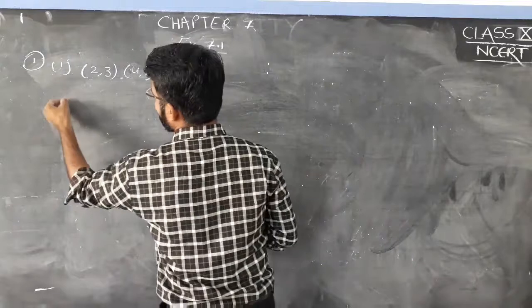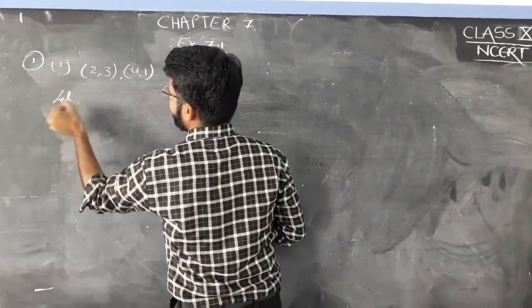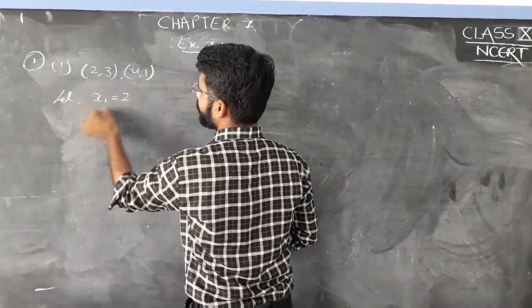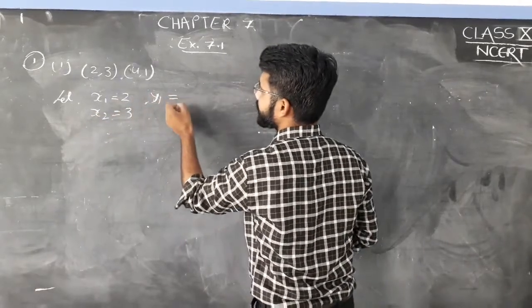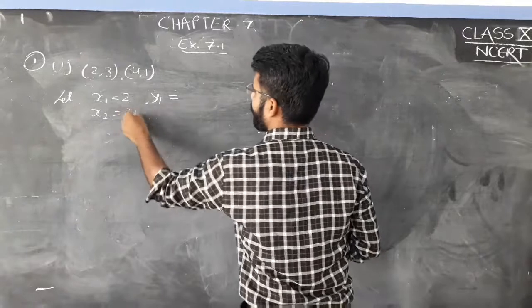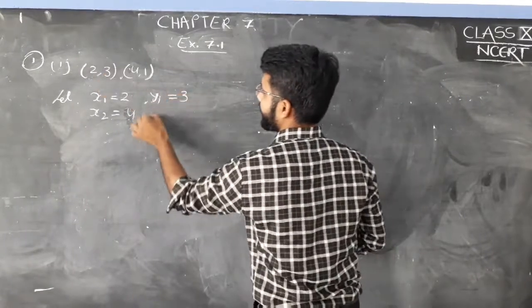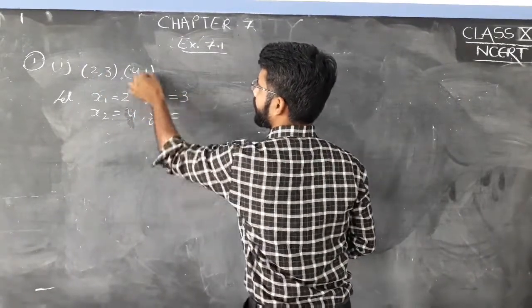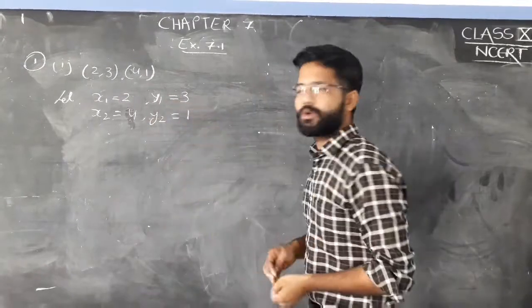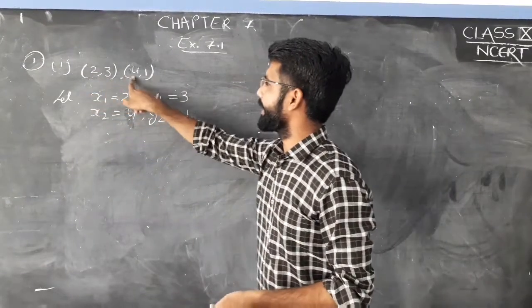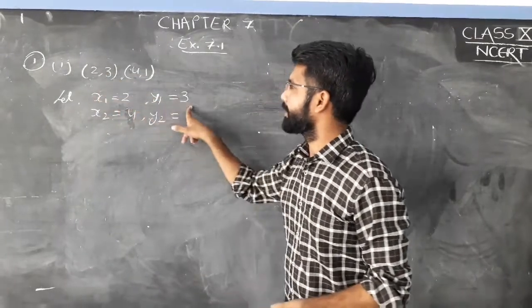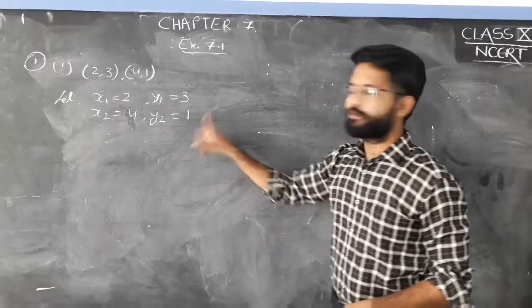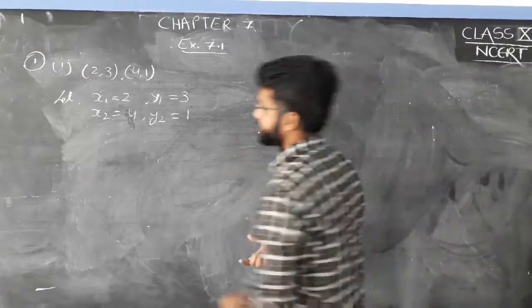Here I take x1 as 2, y1 as 3, x2 as 4 and y2 as 1. We have to find the distance.